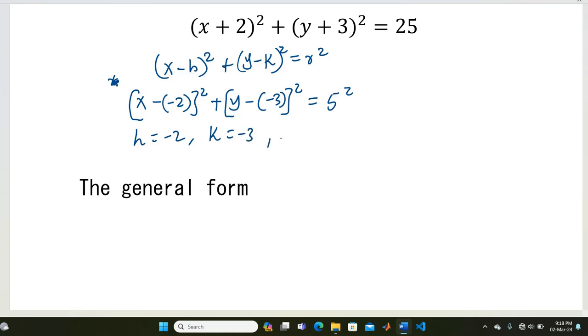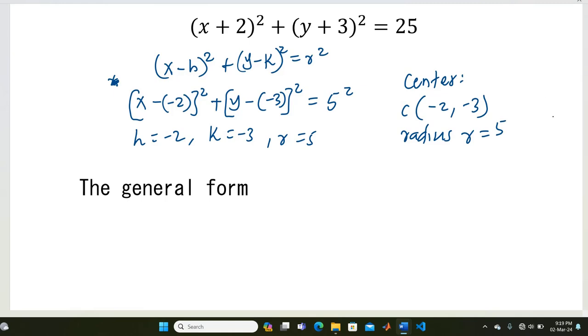My r also is equal to 5. So the center C will have coordinates of (-2, -3), with radius r equal to 5 units.